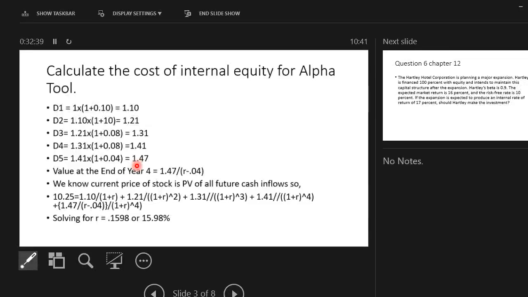So all these things that we are adding, they need to give us 10.25. So we need to prove and find out what our R is, because R is the missing figure. You normally just punch it in your calculator and you get your answer.